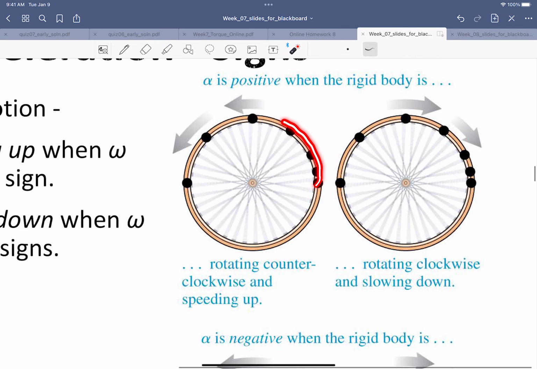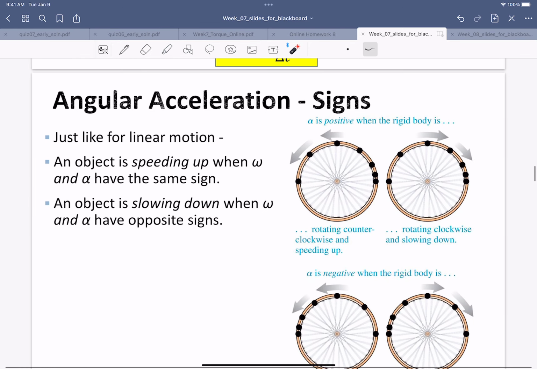So if I'm moving this way, what direction is that? What is my angular velocity in that case? Is it going to be positive or negative? It's counterclockwise, so it should be positive.